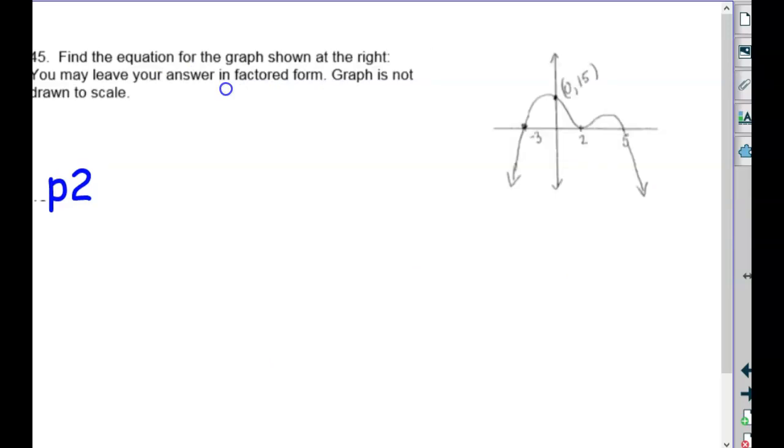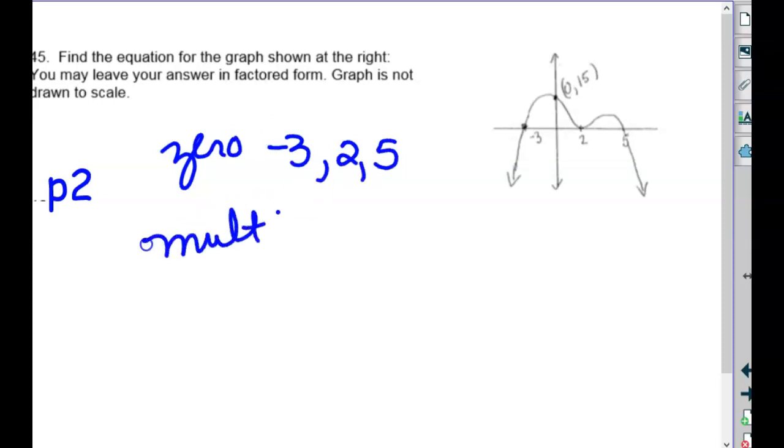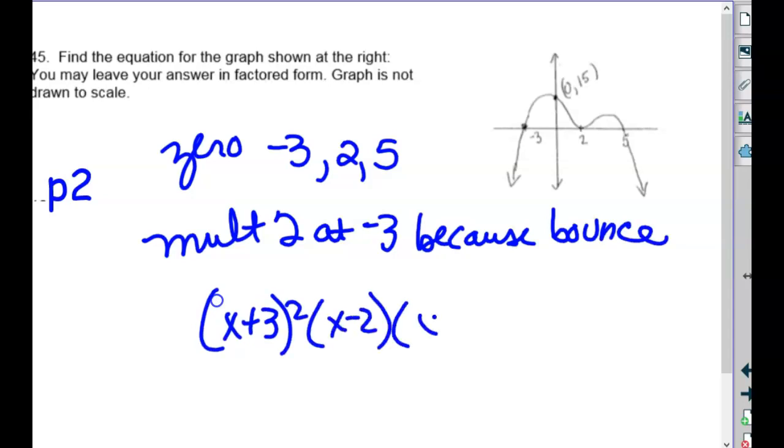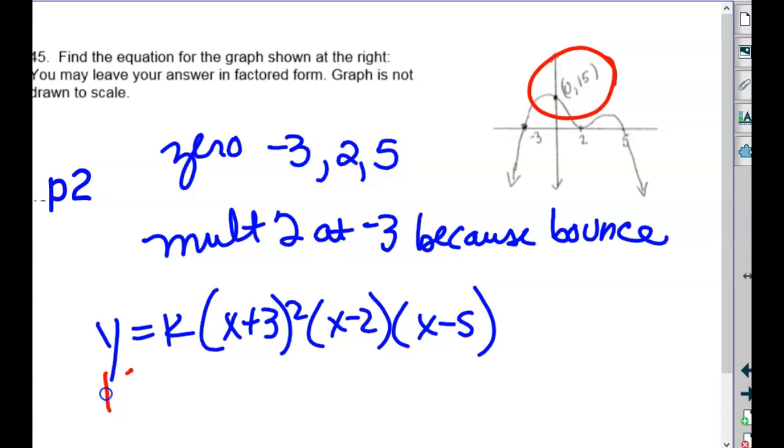All right. This one has zeros at -3, +2, and +5. It has multiplicity 2 at -3 because of the bounce. So it would be x plus 3 quantity squared, x minus 2 and x minus 5. And then we're supposed to put in 0, 15.